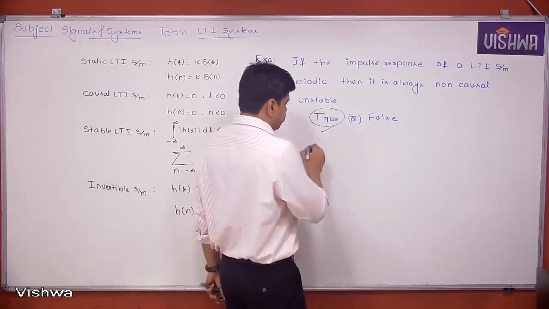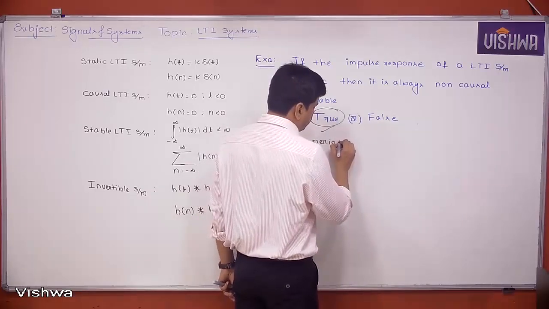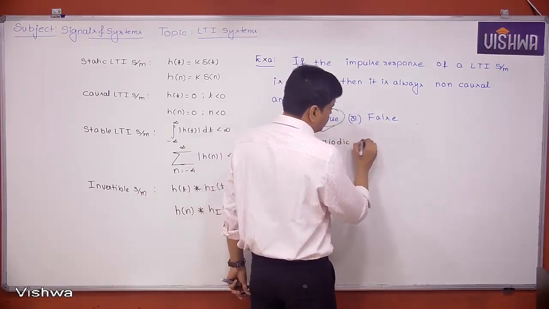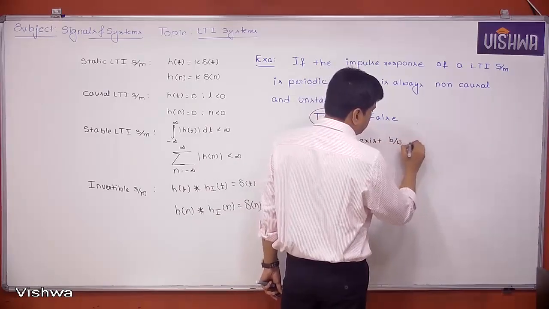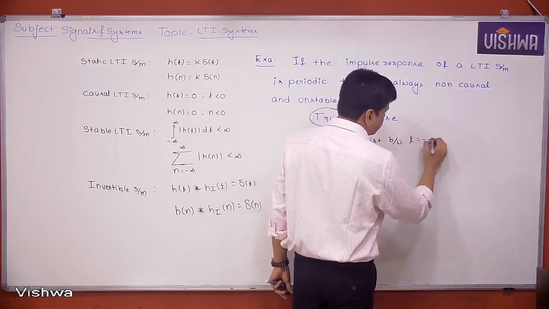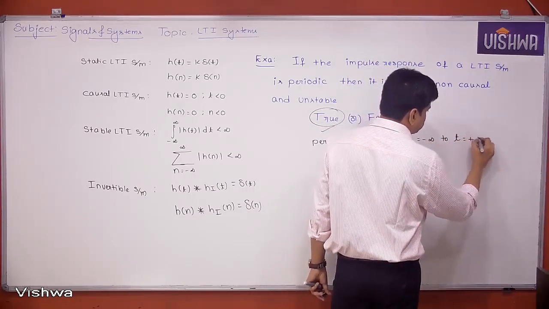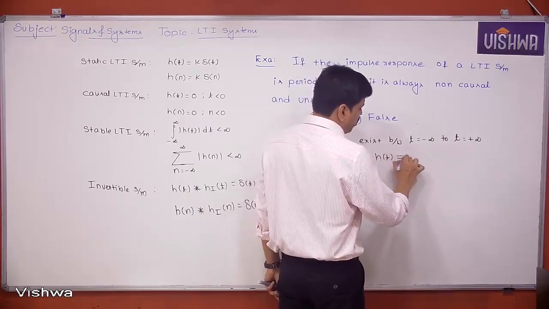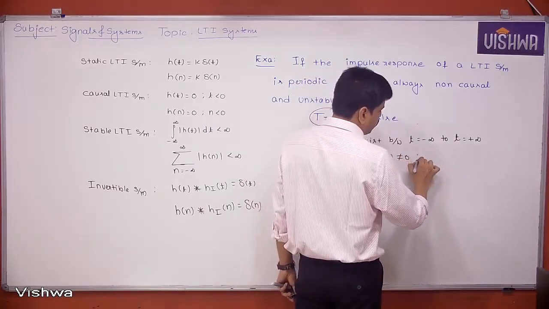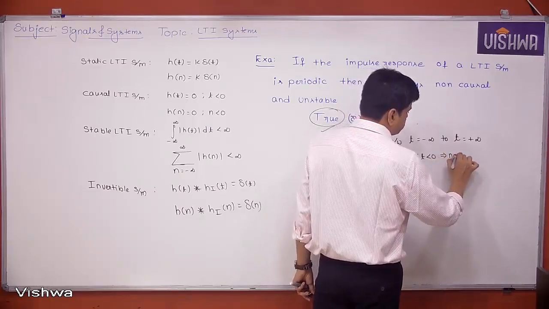Okay. So a periodic signal exists between t equal to minus infinity to t equal to plus infinity. So that means h of t is not equal to 0 for t less than 0. That implies non-causal.